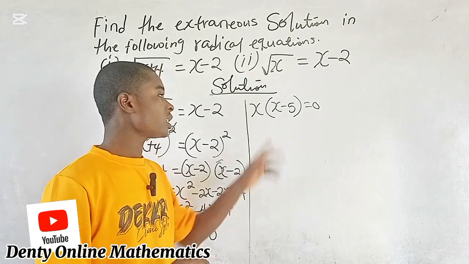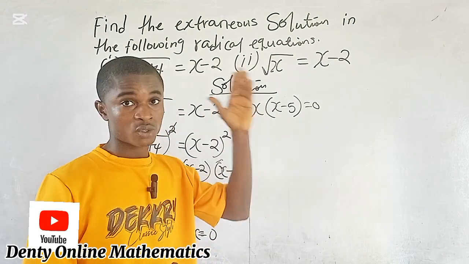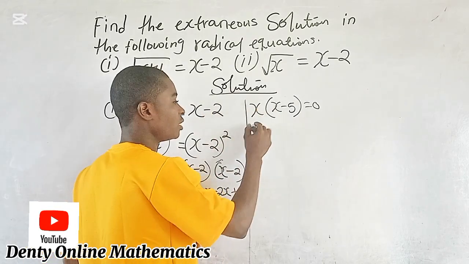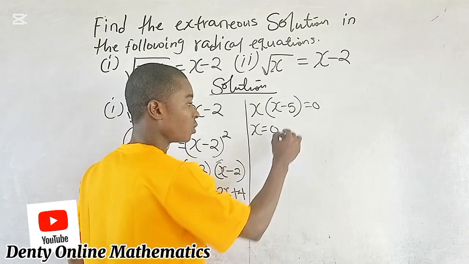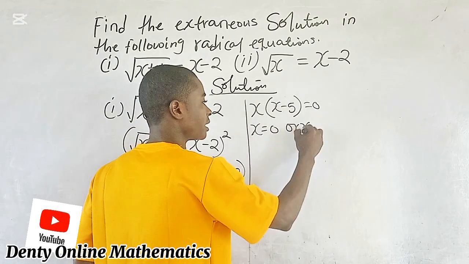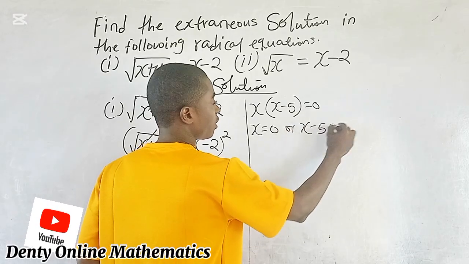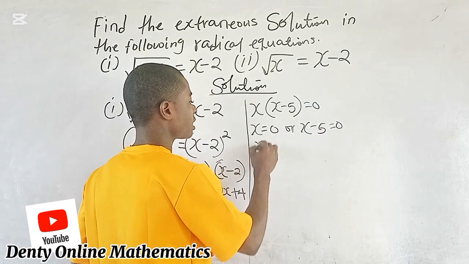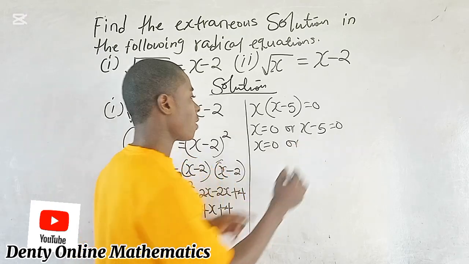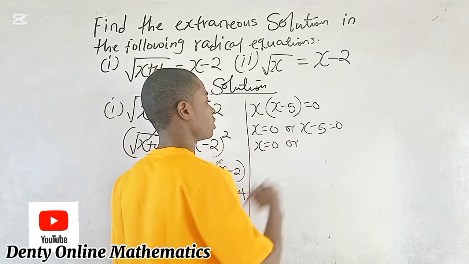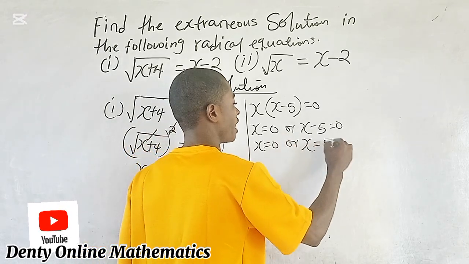You know that when two things are multiplying and they are equal to 0, it is either the one outside is equal to 0 or the one inside the bracket, x minus 5, is equal to 0. So it's either x is equal to 0, or minus 5 will cross over to give me a positive 5.